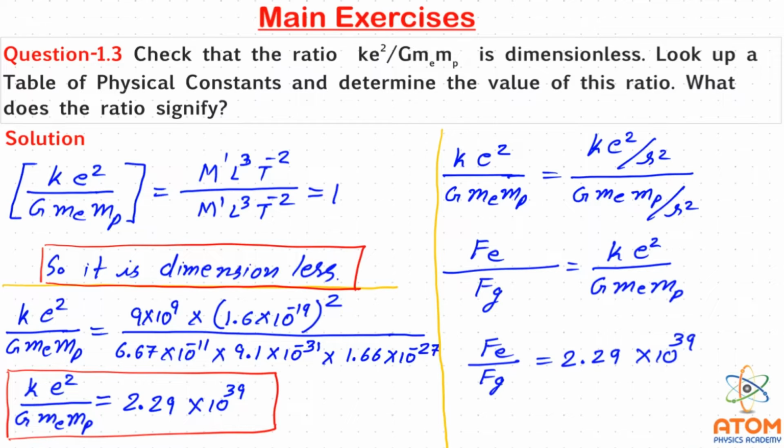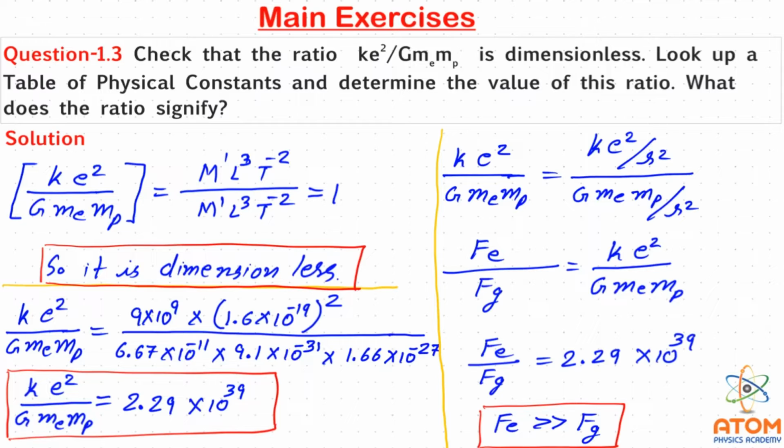So this suggests that Fe upon Fg, that is the ratio of electric force and gravitational force, is this much, which is a quite large value, 10 raised to 39. That means we can say that Fe, the electric force, is very much greater than the gravitational force.